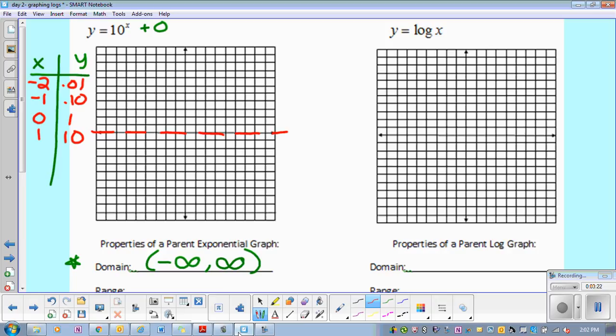Now let's graph this. 0, 1. 1, 10. Negative 1, 0.1. I mean, that's really close. And then negative 2, 0.01. I mean, that's basically on 0, but it's not. All right, so when I connect this, there we go. There's my exponential.